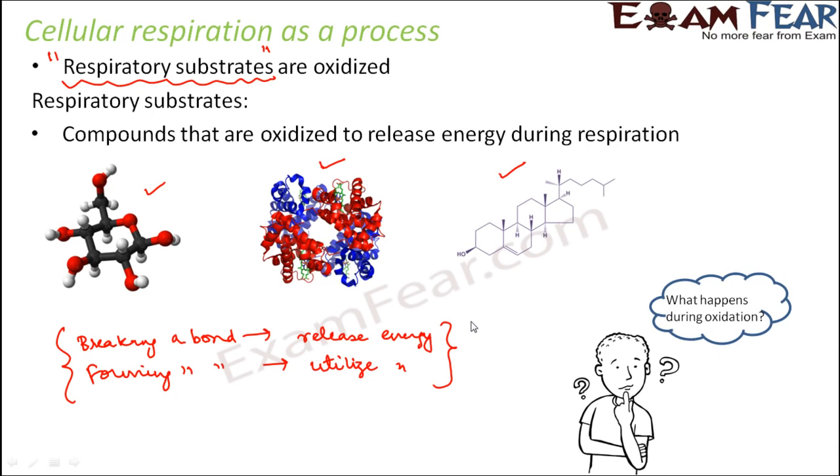It could have been a single-step process, but in that case, when a lot of energy is released in just one step, there are chances that a good portion of the energy might get wasted in the form of heat. But when it is released in small amounts in multiple steps, it can be utilized in a better way. The energy released in each step can be coupled with the synthesis of ATP. That is why cellular respiration is a multi-step process. So we will understand this process step by step.